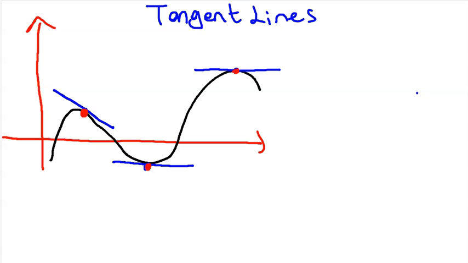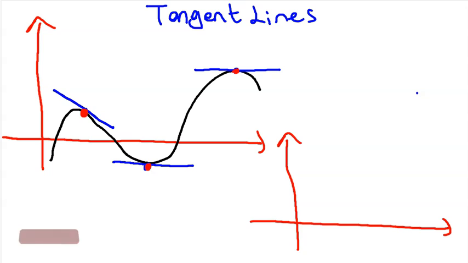Now, the question we were talking about is how to figure out the slope of a tangent line. How do we do that? I'm going to show you in a very concise way. Let's say I have this curve. We know how to figure out the slope of a line with two given points.